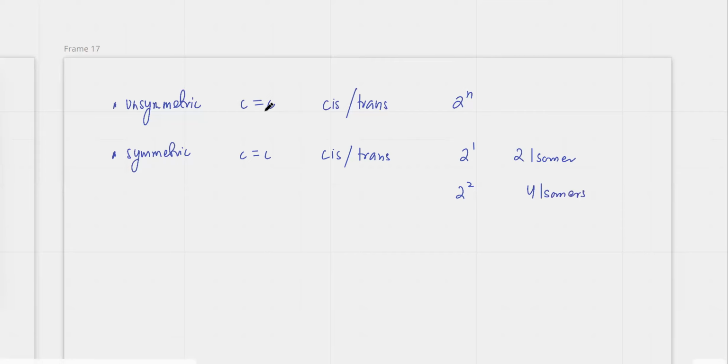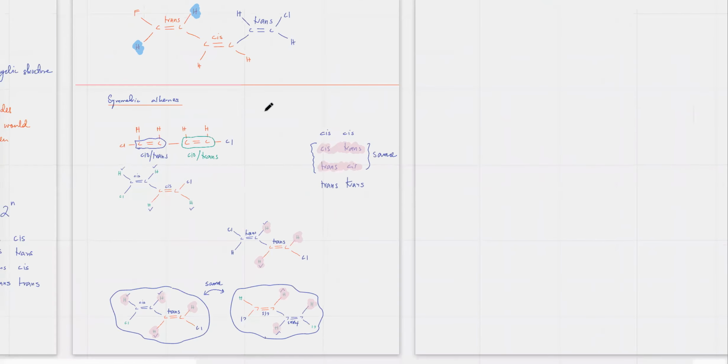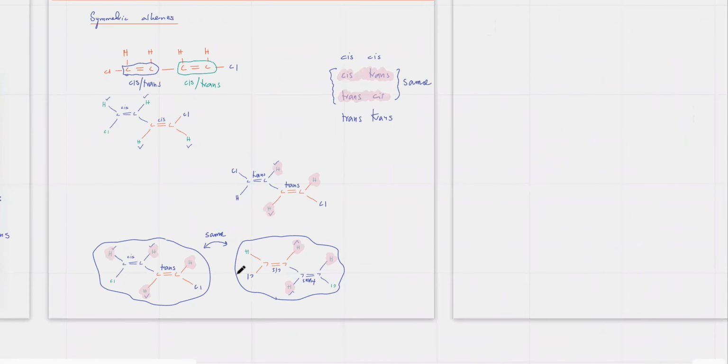Previously you would get 4 isomers, but now you're going to get just 3 isomers. You can just remember that. Because if it's symmetric, then out of the 4, 2 of them are going to be exactly the same, so you're going to count them as 1. So it's 1, 2, and these 2 would be the same. That would just be 3.